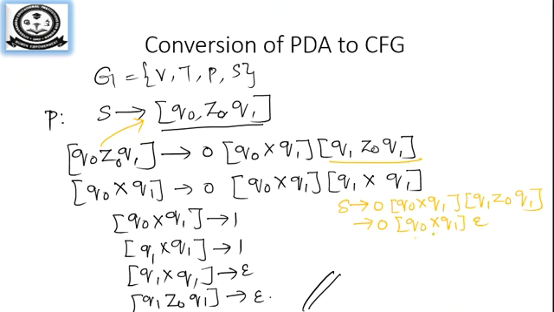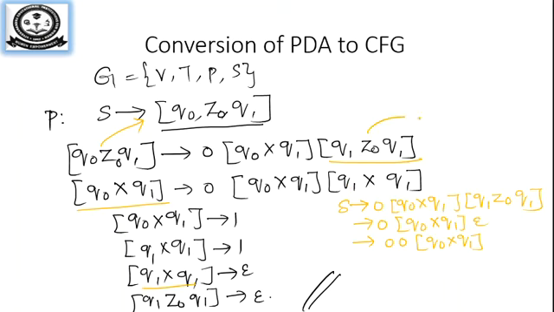Now similarly, q0 x q1, what is q0 x q1? It is going to be 1. So this can be done repeatedly. So q0 x q1, you can see over here, it can be recursively written. So multiple zeros can come first. So you will have again 0 0, again q0 x q1, and again you can see q1 x q1 is going to be an epsilon over here.